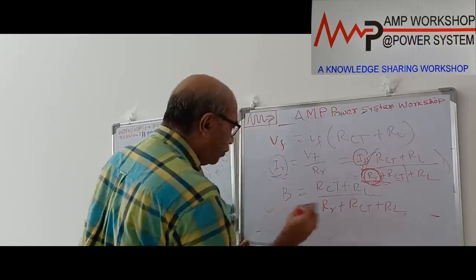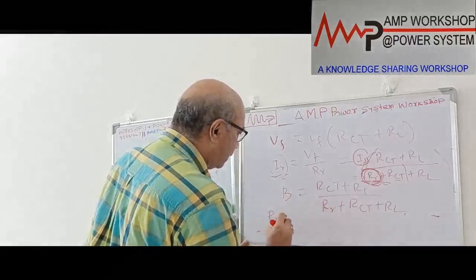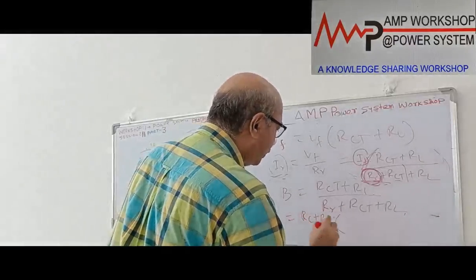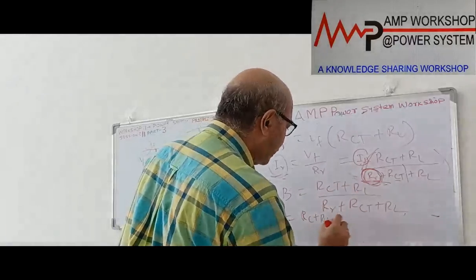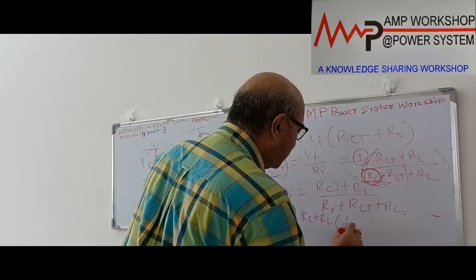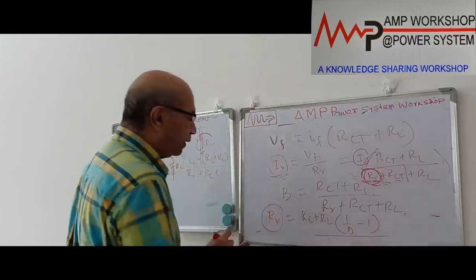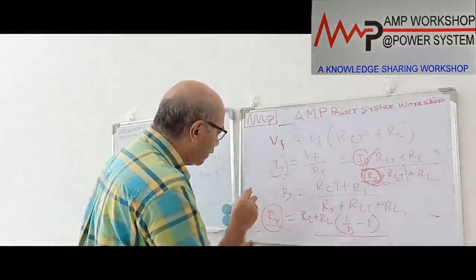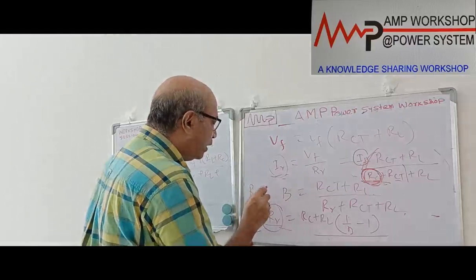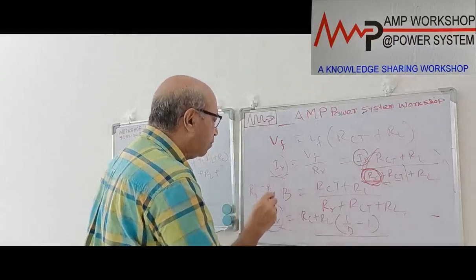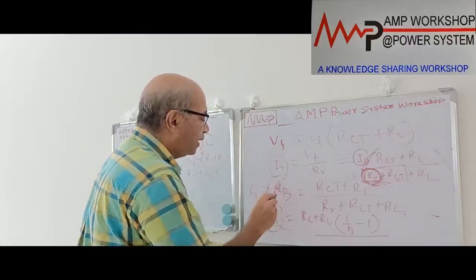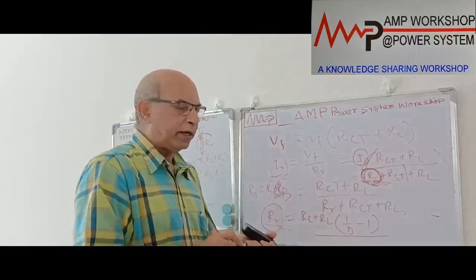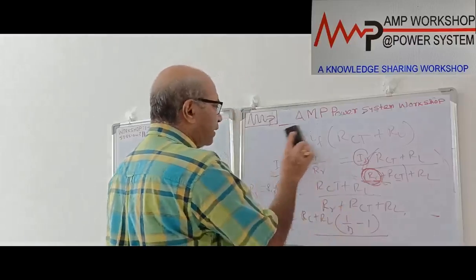Taking RCT plus RL common, RR equals (RCT plus RL) times (1 by B minus 1). This will be the relay path resistance. So if we subtract the relay resistance, then the balance RR equals the relay internal resistance plus the stabilizing resistance. So by increasing the stabilizing resistance, we can get better stability of the relay. Okay, so this is the bias characteristics.